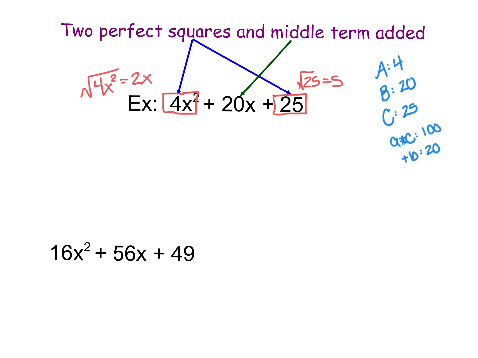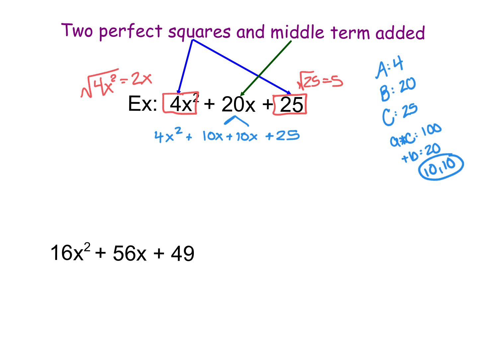The numbers that multiply to 100 and add to 20 are 10 and 10. So I can split the 20x into 10x plus 10x, leaving the 25 at the end and the 4x squared at the beginning unchanged.